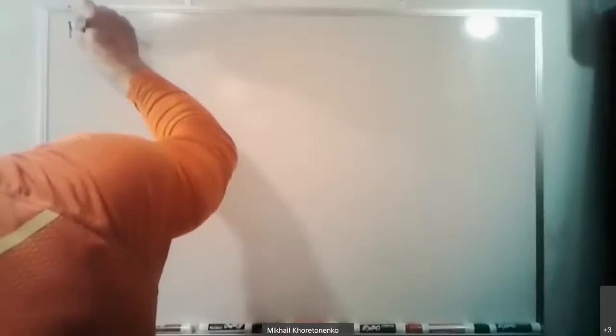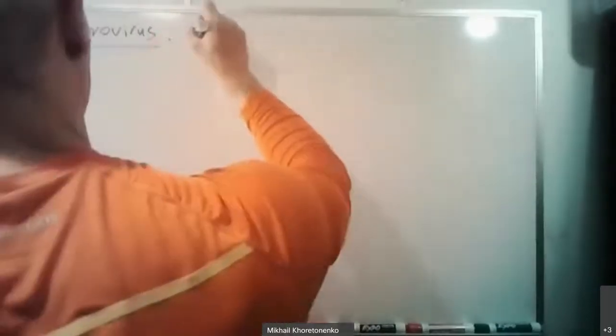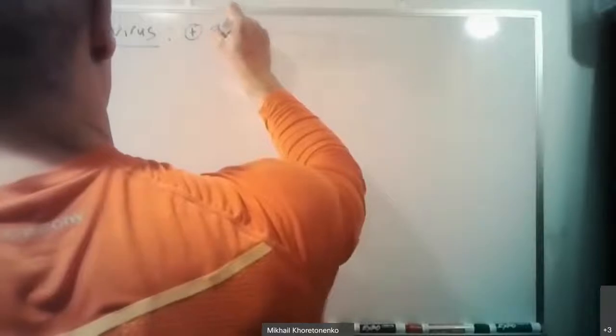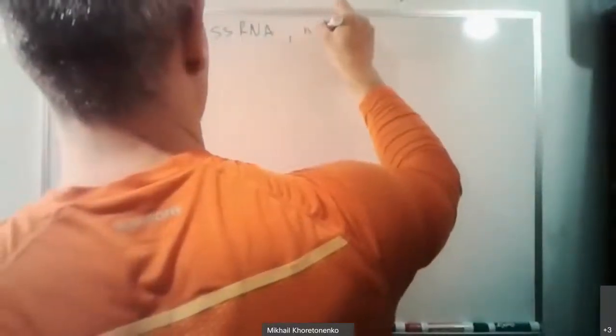The last virus that we're going to talk about is one of my favorites, and it's also one that Ohio can be proud of. It's the norovirus, which has a positive, single-stranded RNA genome, and it's a naked virus.